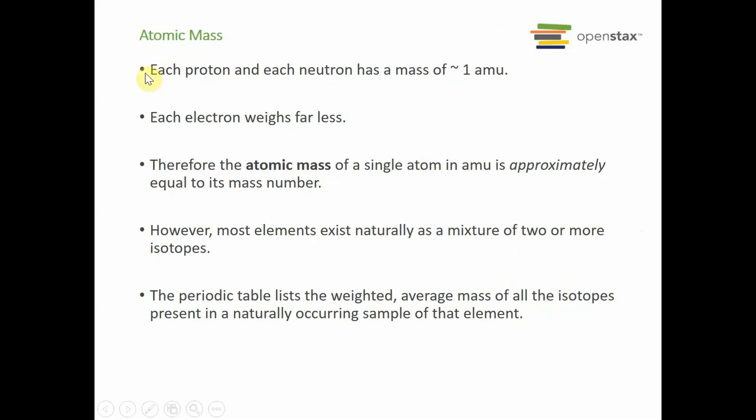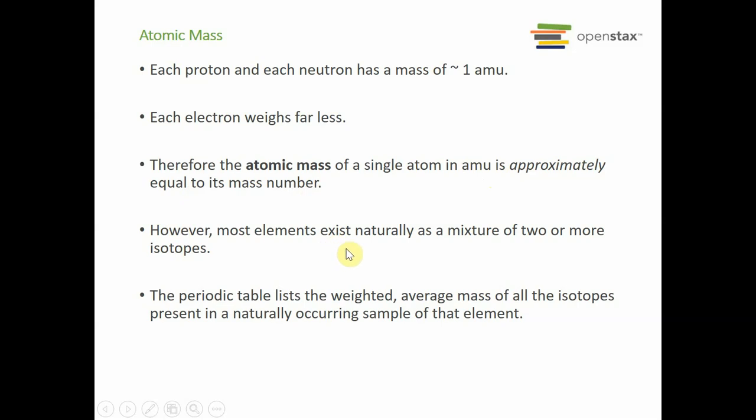Atomic mass. Each proton and each neutron has a mass of about 1 AMU. Each electron weighs far less, about 1/2000th of an AMU. Therefore, the atomic mass of a single atom in AMU is approximately equal to its mass number.